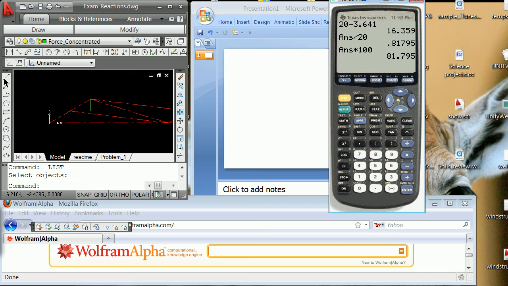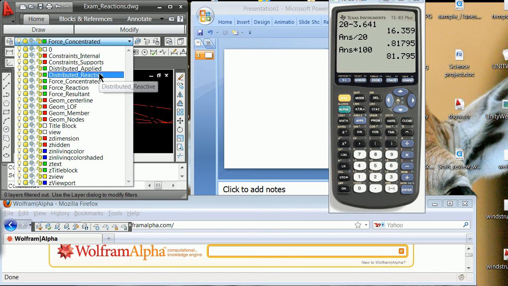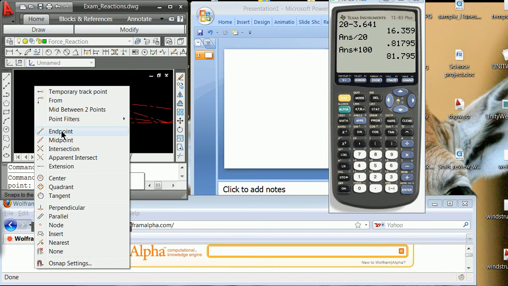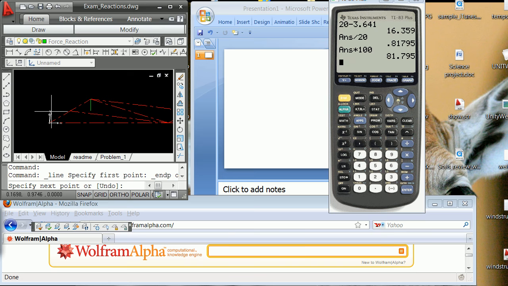So I can go ahead and draw a line now here on the right layer, force reaction, a line from the end point here at 0.82, 90 degrees.